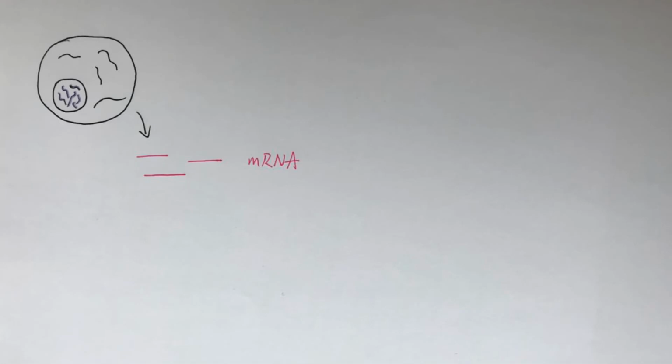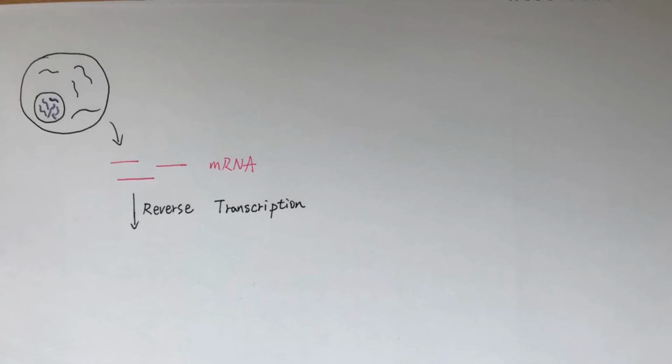So we are going to take our cell of interest. The first step in creating the cDNA is to isolate the mRNA of interest from the cell. And once we have our mRNA, we are going to add reverse transcriptase.